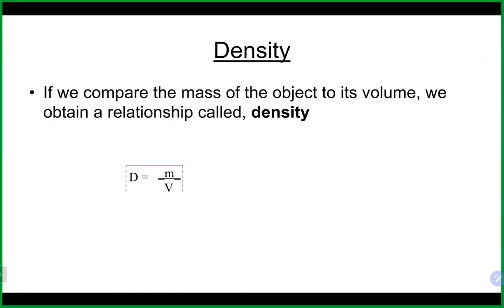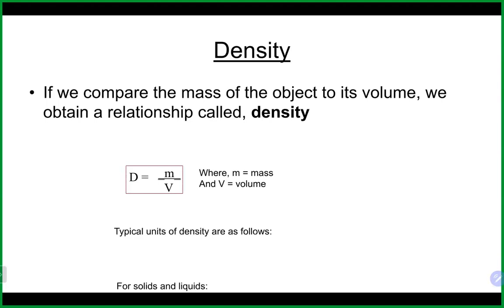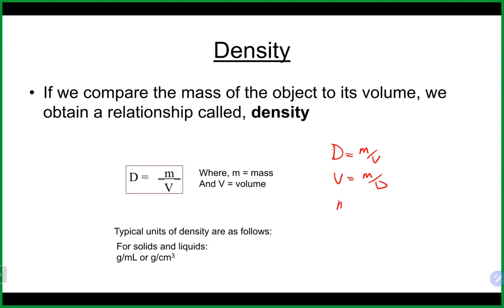To calculate density, it's mass divided by volume. And as I mentioned when we did the lab, we can rearrange this. So density is mass divided by volume. That means volume is mass divided by density, and mass would be volume times density.